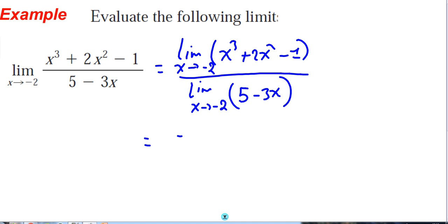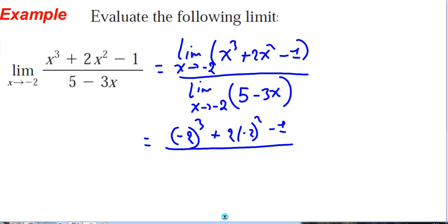So it's negative 2 cubed plus 2 times negative 2 squared minus 1 divided by, the denominator is also a polynomial, so we simply substitute negative 2, 5 minus 3 times negative 2.